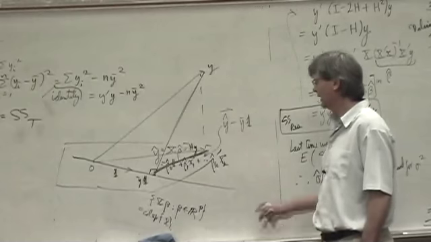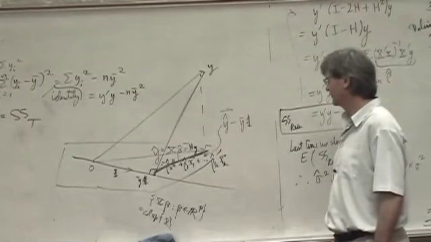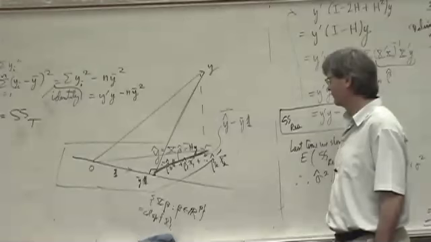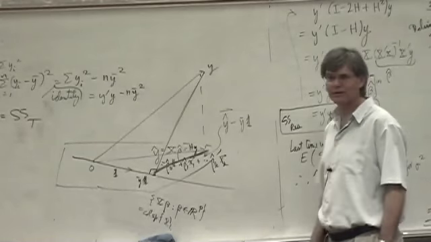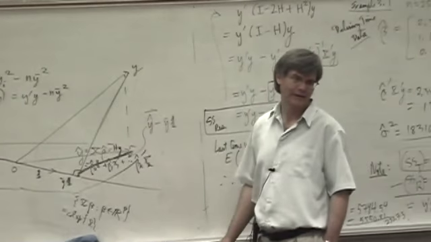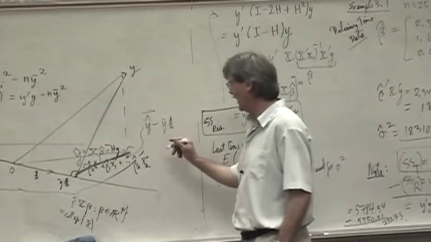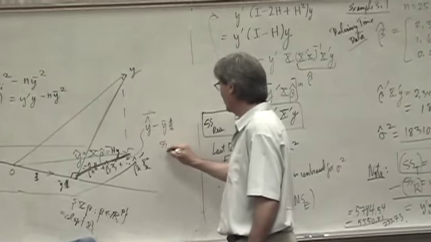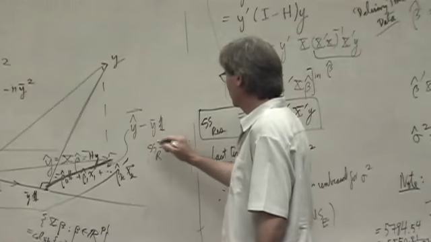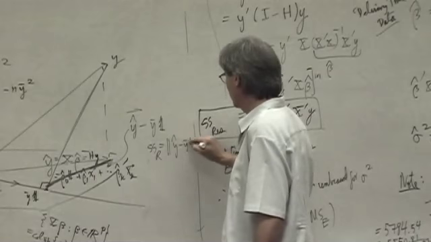The length of that side is the model sum of squares adjusted for the mean, because y bar is the mean of y hat. So it's the variability of the y hats. SSR equals the summation, which is the squared length of y hat minus y bar times 1.